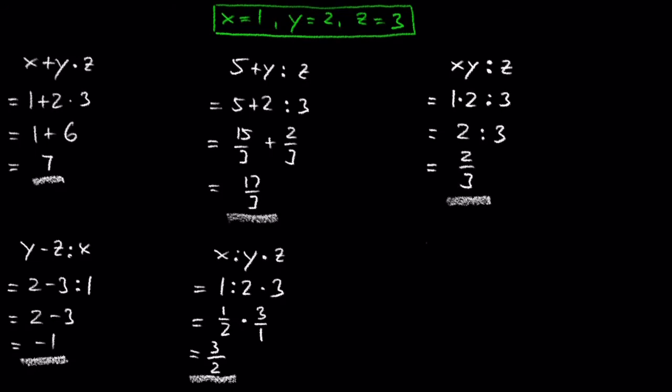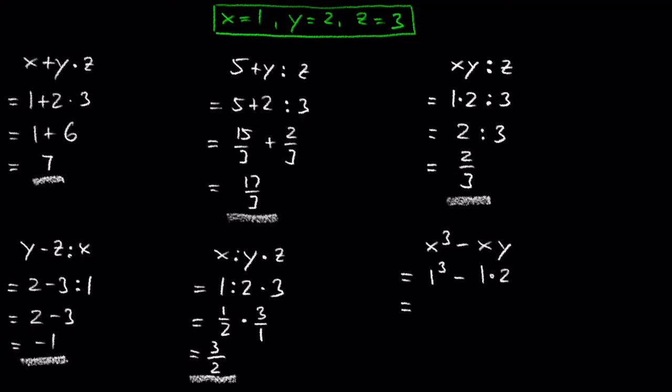X cubed minus xy is equal to 1 cubed minus 1 times 2. First, do exponents and then multiplication before you subtract.